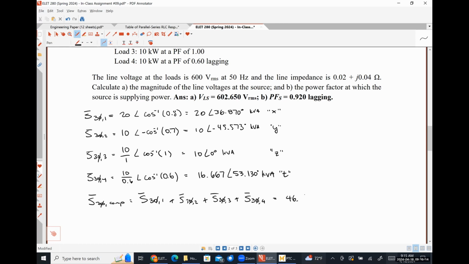So let's call that 46.670, angle 22.932 degrees. Let me make sure that 2 looks like a 2. I'm storing this in my calculator as A, just because I know I'm going to need it in a moment.